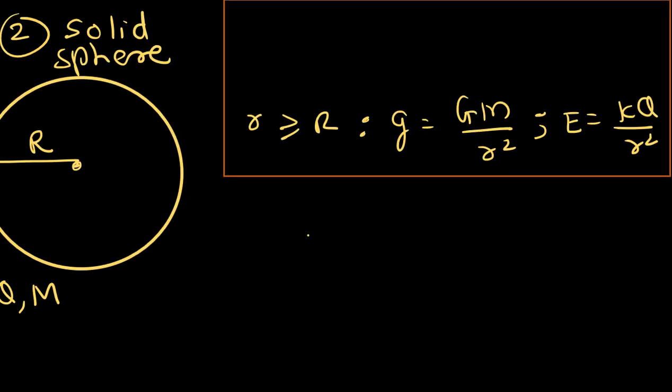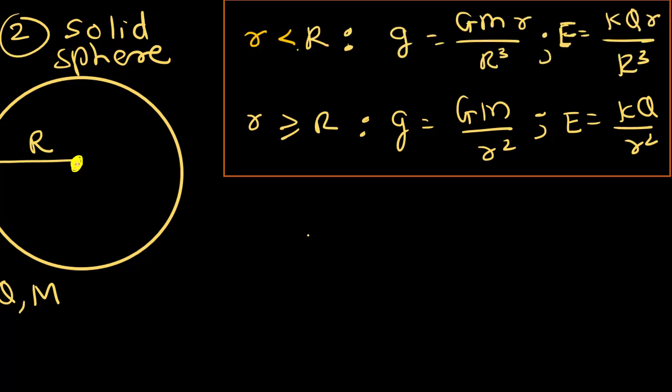What about a solid sphere? When r is greater than or equal to R, the formula remains the same. So this entire solid sphere behaves as if the entire mass or charge is concentrated here at the center. But things change when r is less than R. When r is less than R, we will use these formulas for g and E. Right now we are not interested in the derivation of these formulas.